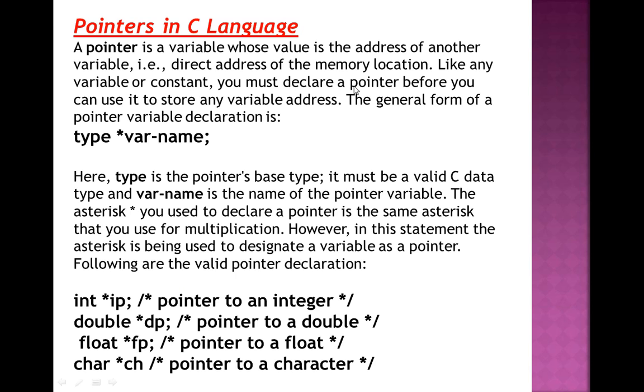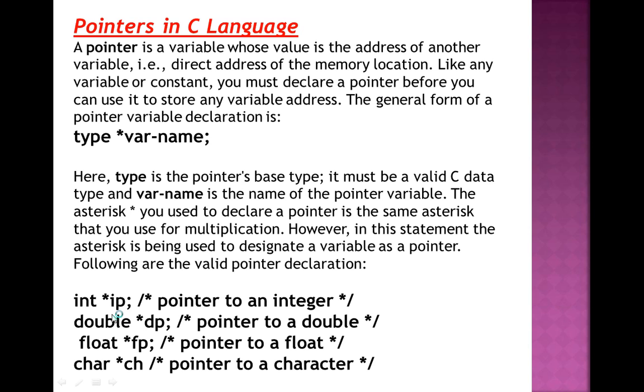Like any other variable, you must declare a pointer before you can use it to store any variable's address. The syntax is type *var_name. Here type is the pointer's base type, it must be a valid C data type, and var_name is the name of the pointer variable.